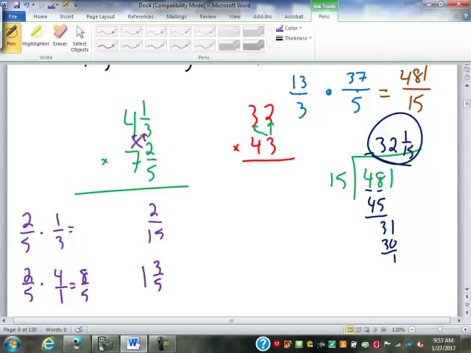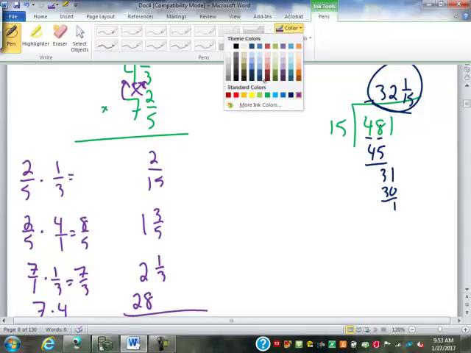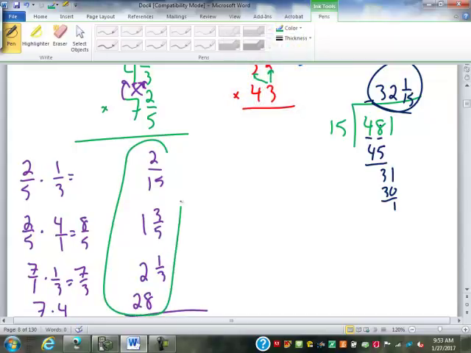I move to the 7. 7 times 1/3. Again, 7 over 1 times 1 over 3 is 7 over 3 or 2 1/3. And 7 times 4 is 28. Well, now I have to combine this mess here. First, I have to find a common denominator, which looks like it's going to be the 15, so this will stay 2/15.